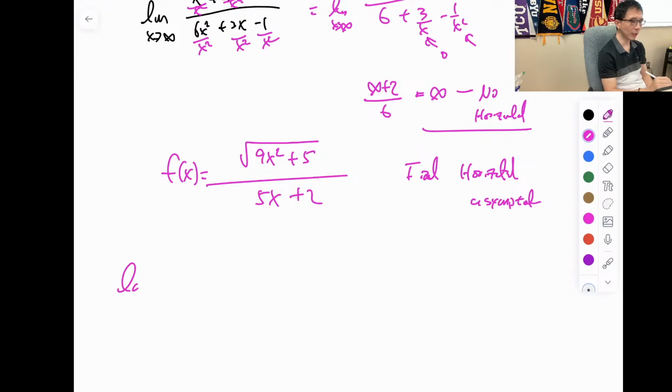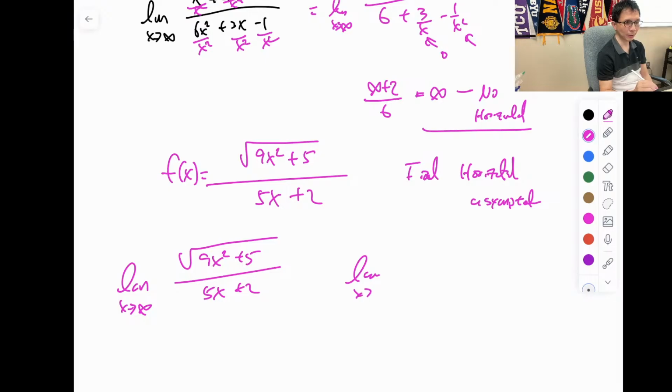And then you say, okay, well, let me just take the limit as x approaches infinity in this case. And let me take the limit as x approaches negative infinity in this case. And let's see what happened.